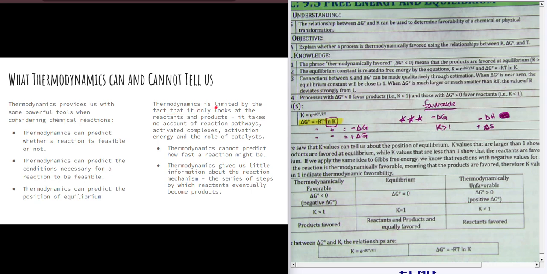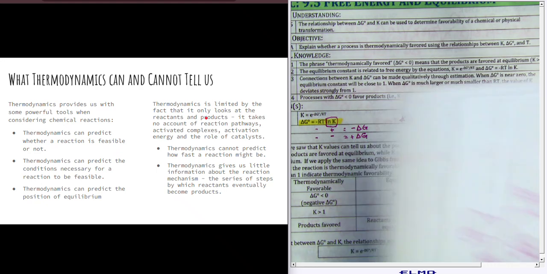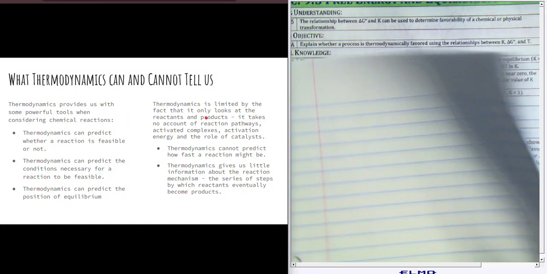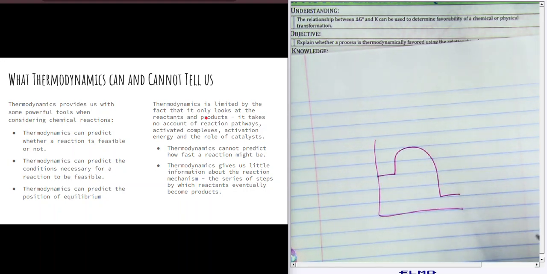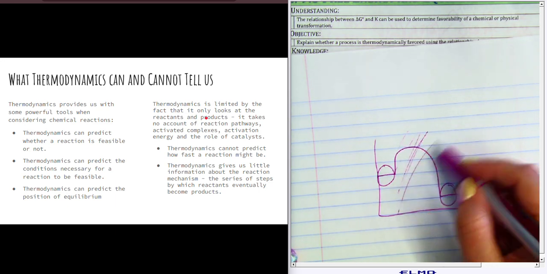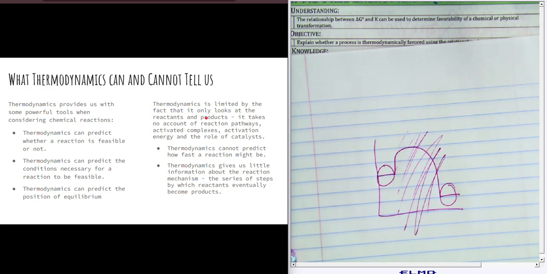Now, where are we limited thermodynamically? The issue with thermodynamics that doesn't give us the total picture is the fact that it only looks at the reactants and the products. It doesn't look at everything that's happening in between. So think about this energy diagram. It only looks here and here, but it's totally leaving all of this part out.